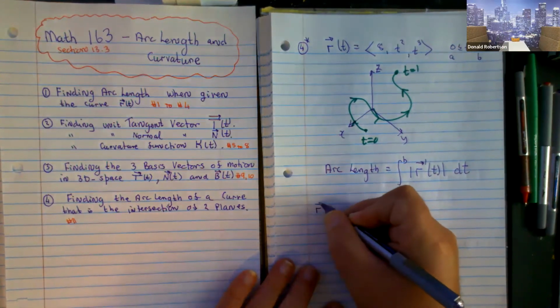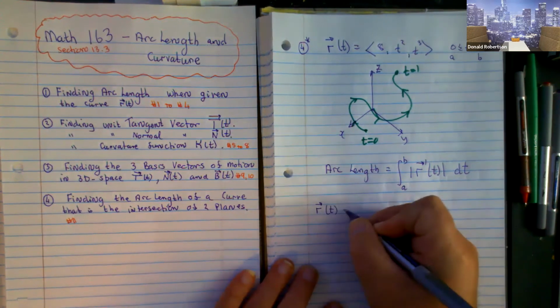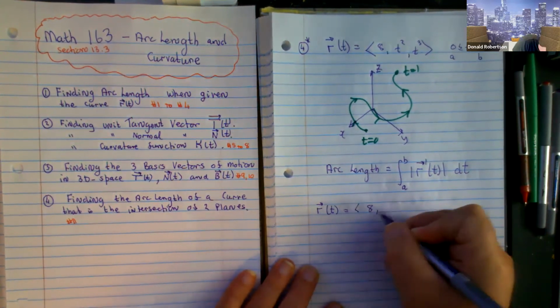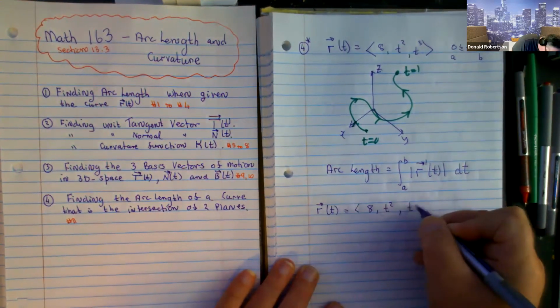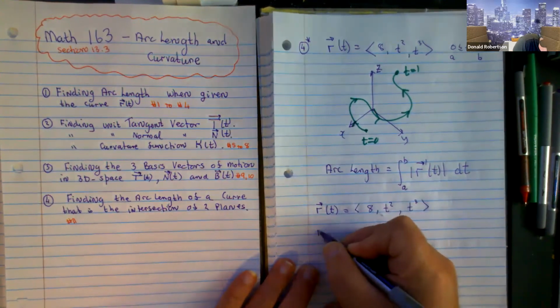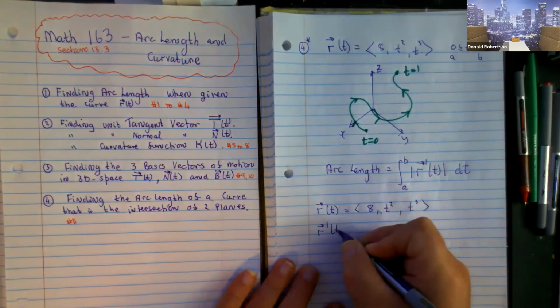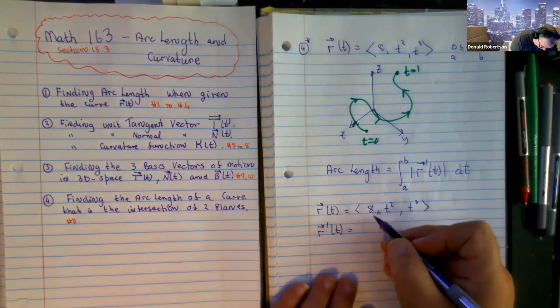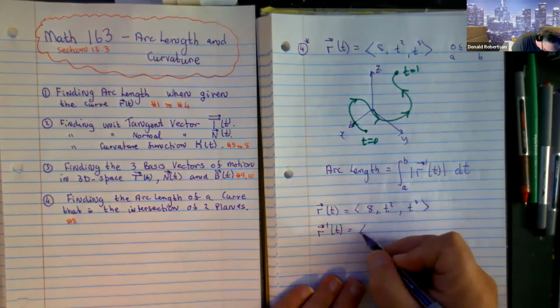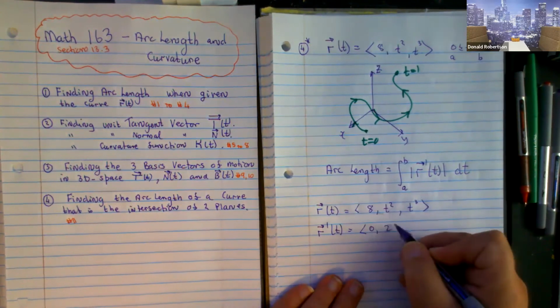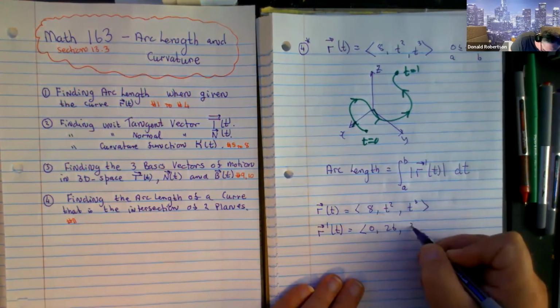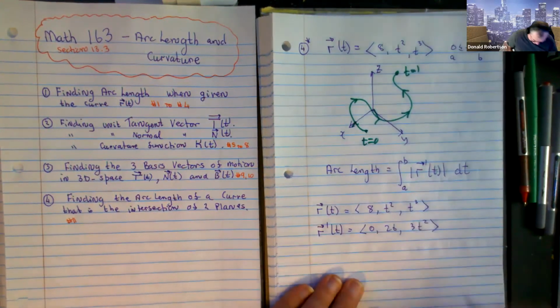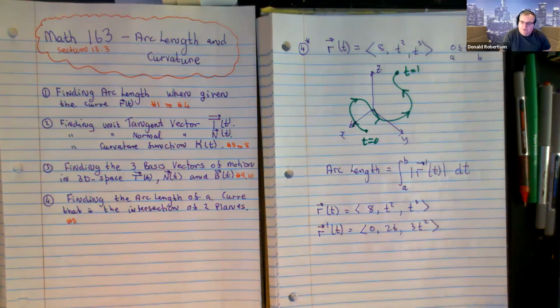So let's see what we have here. Our original function is 8t, t squared, t cubed. If you differentiate this, that guy gets you 0. This guy gets you 2. And this guy gets you 3t squared. So far, so good.